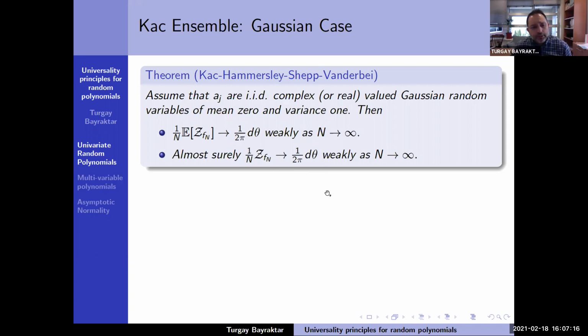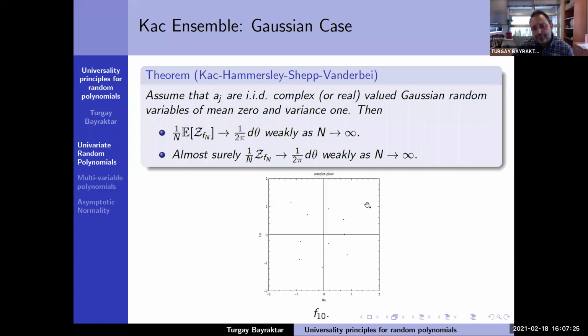Now, I want to illustrate this result by using some computer pictures. So this is a simple code written in Mathematica. It says to choose some random numbers a_j, I think this is complex Gaussian here.